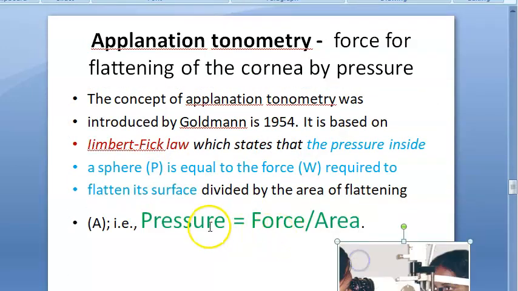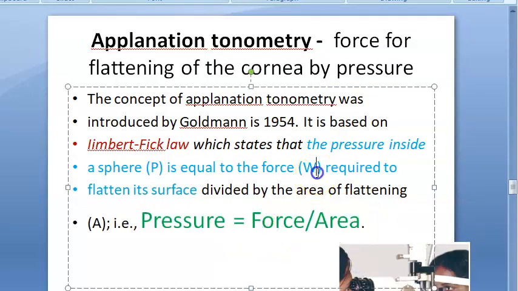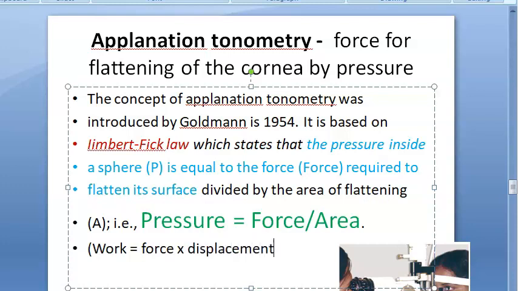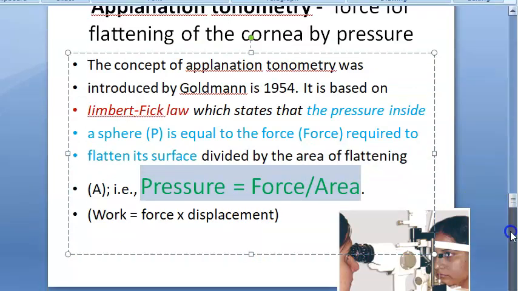So yes, here pressure is force by area. This is correct. But why are they using W here? Because work is force into displacement. I'm not sure about this, we'll just keep it as force. But remember that work is equal to force into displacement. So you need to just check on this, okay? What is actually the correct one?